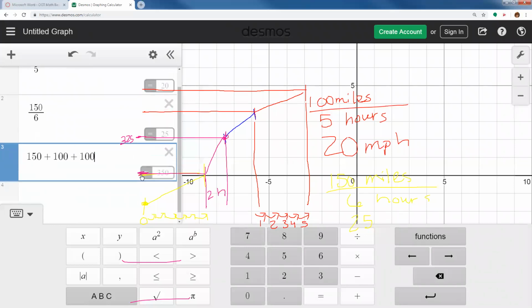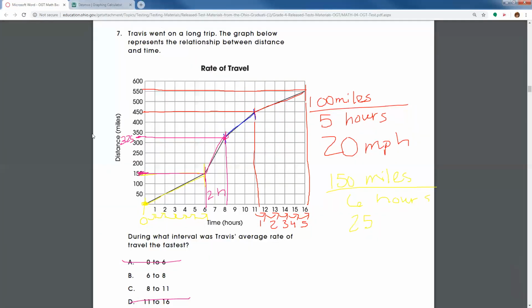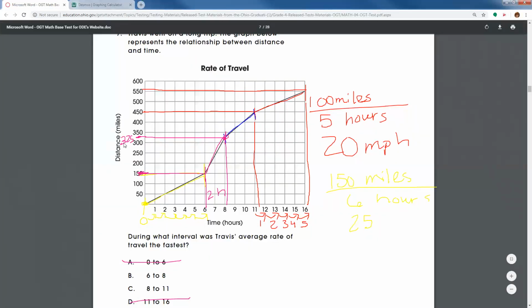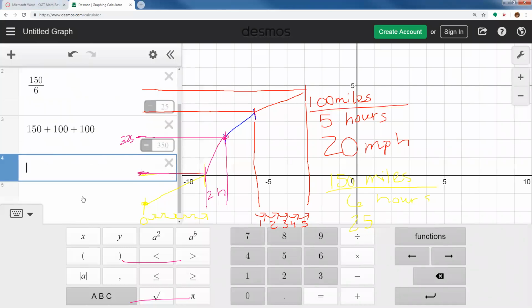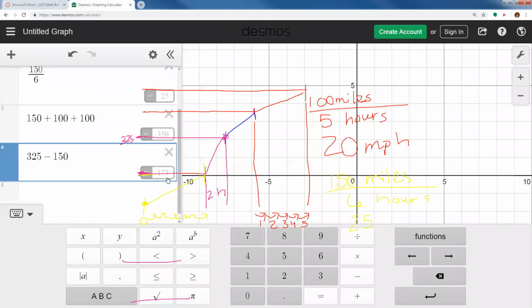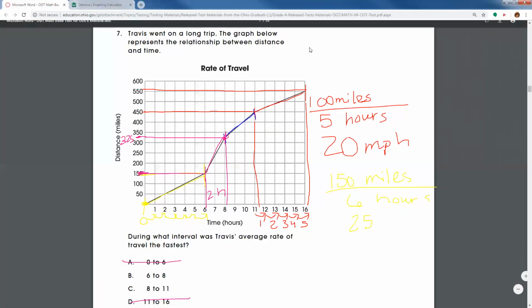Add 100 more, that takes us to 350, which was a little too high. We only wanted to go to 325. So it'd be a little less than 200. The easiest way would be to take the big number minus the smaller number. It's a little under 200. So 175.